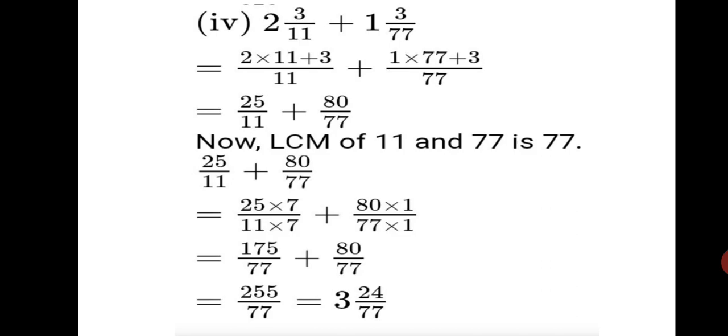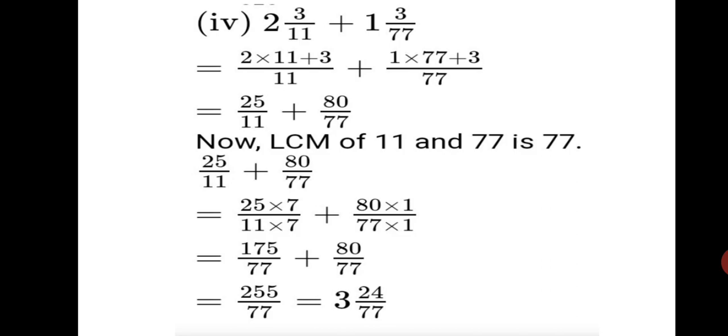Convert it into a mixed number: when you divide 255 by 77, your quotient is 3 and remainder is 24. So you can write it as mixed number 3 24 upon 77. Okay. So this way we have finished the first 4 sums based on addition of rational numbers.